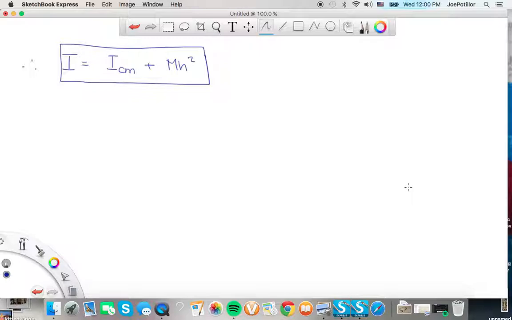And you will have tonight in your homework exercises, you will get to work with this parallel axis theorem a bit more.